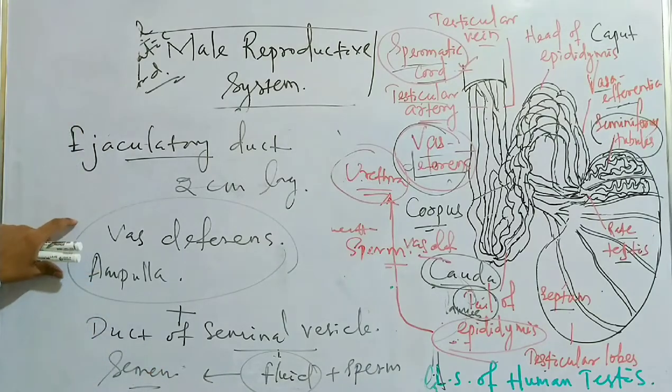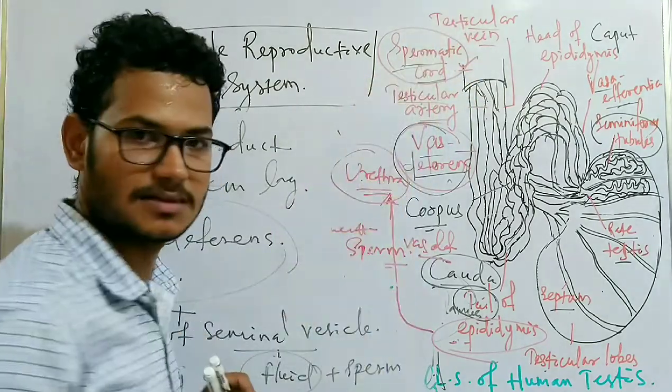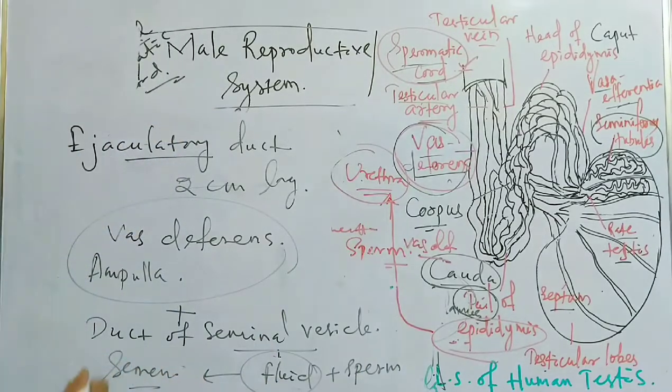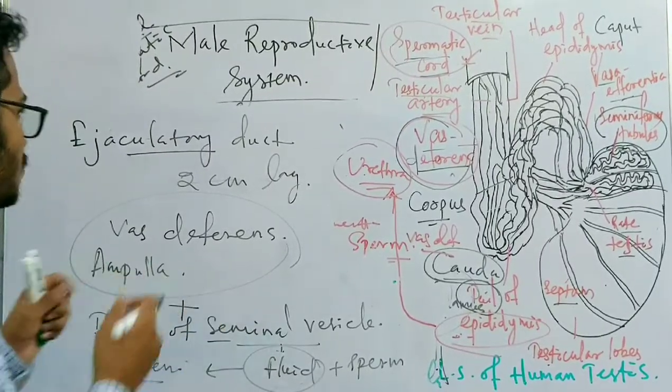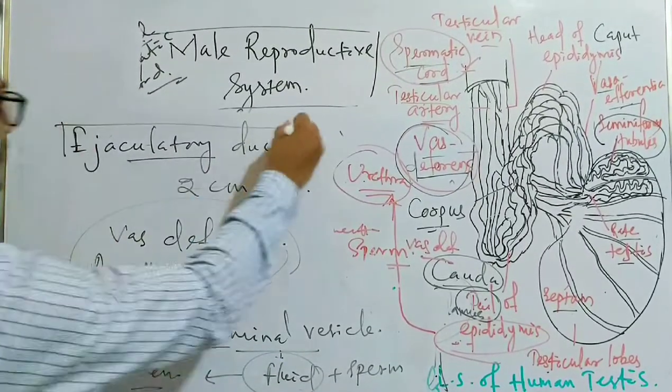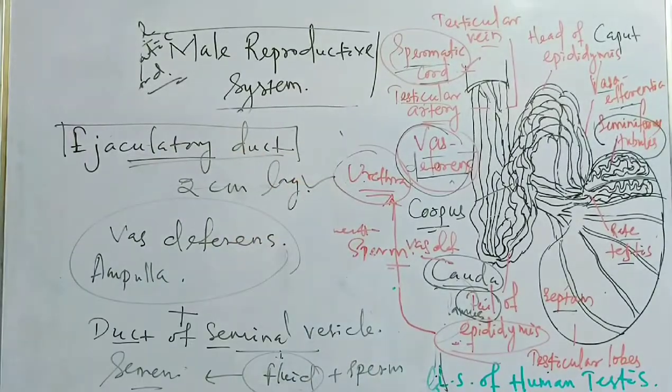So the ampulla of the vas deferens in the abdominal cavity is joined to the duct of the seminal vesicle, where the two ducts unite and the ejaculatory duct is formed, which is only 2 centimeters long.